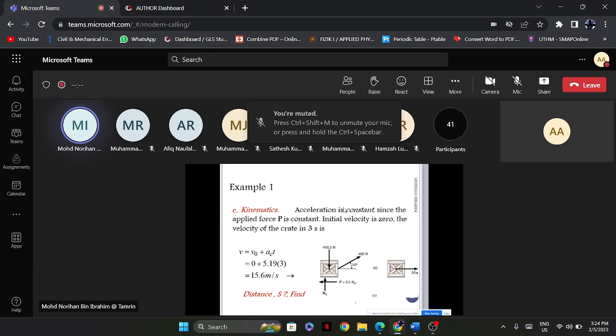And what is the distance s? By applying the constant acceleration equation, let's say you apply v squared is equal to v naught squared plus 2a bracket s minus s naught, then we can obtain the distance s. You can try to do it as well.